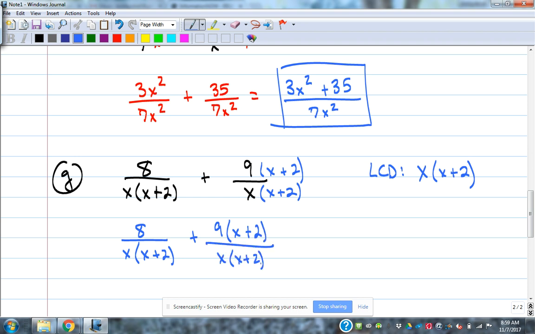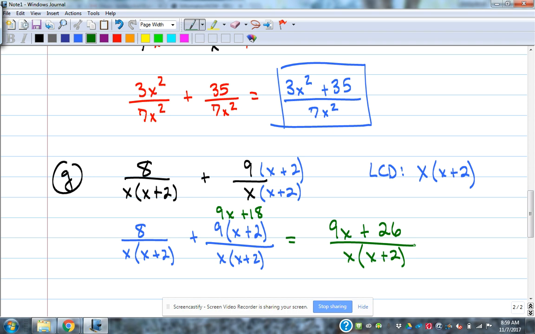What can happen here? Yeah, that would turn into 9x plus 18. And then when I add, do I have any like terms to the 8? The 18, right? So 8 plus 18, that's 9x plus 26 over x plus 2.